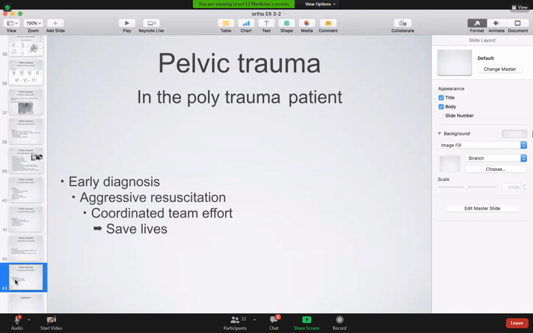Early diagnosis of pelvic fracture in polytrauma patients is very important and can save their lives. Remember, aggressive resuscitation is key, and then control any active bleeding, especially in the pelvis and the abdomen.